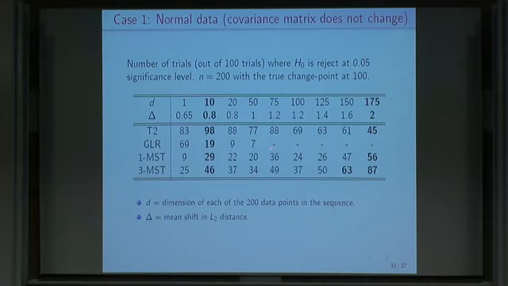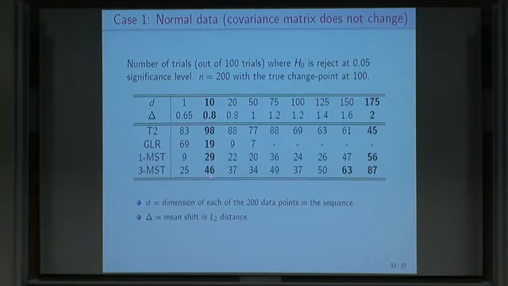In this table, the number is the number of trials out of 100 trials in which the method would reject. Reject means that you say there is a change point at the 0.05 level. So the larger this value, the larger the power of the test.